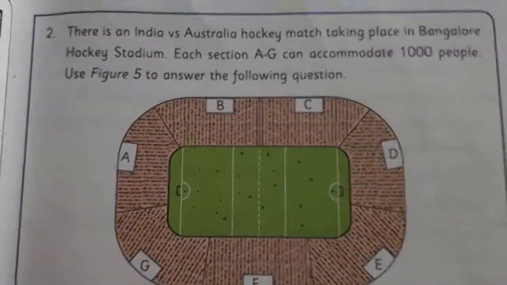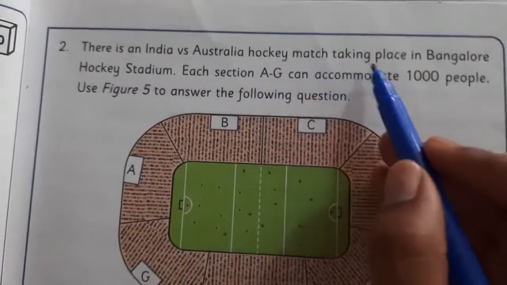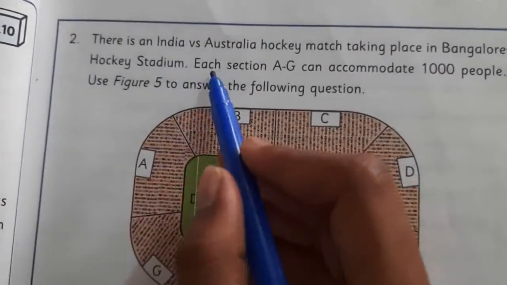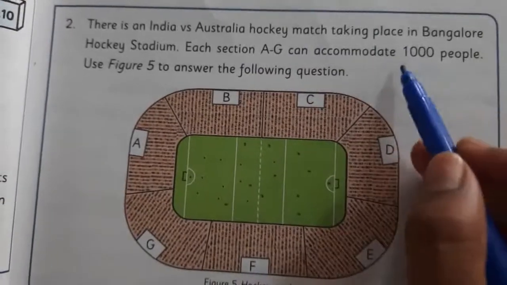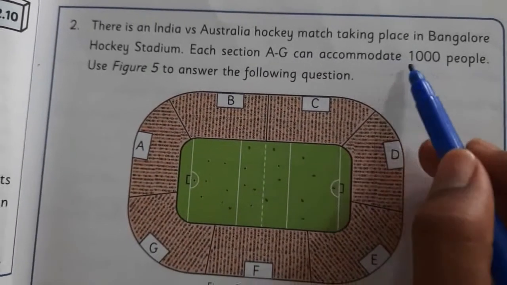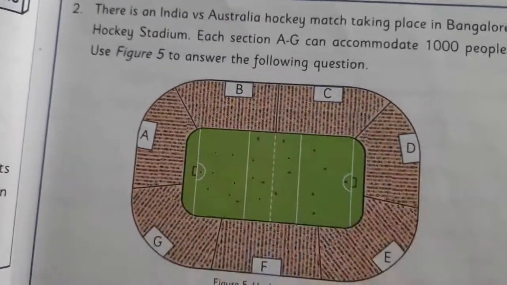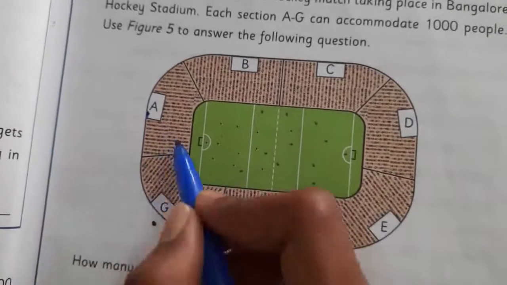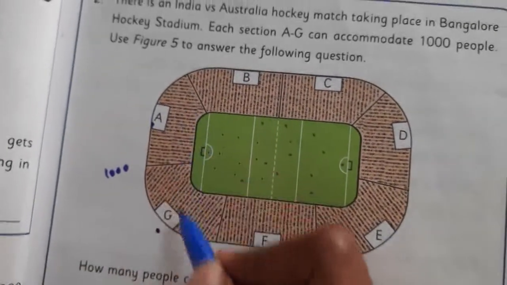So next question, there is an India versus Australia hockey match taking place in the Bangalore Hockey Stadium. Each section A to G can accommodate 1000 people. Use Figure 5 to answer the following question. So see that A to G. Only 1000 people can sit in each platform.